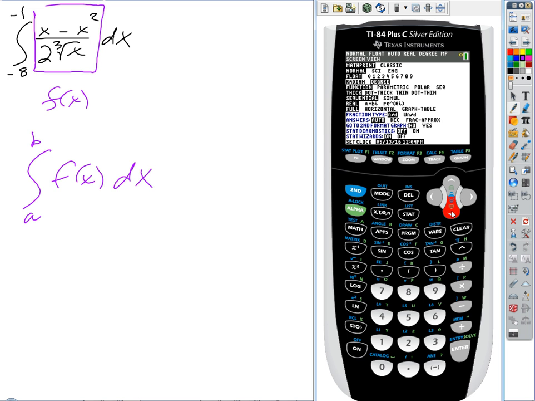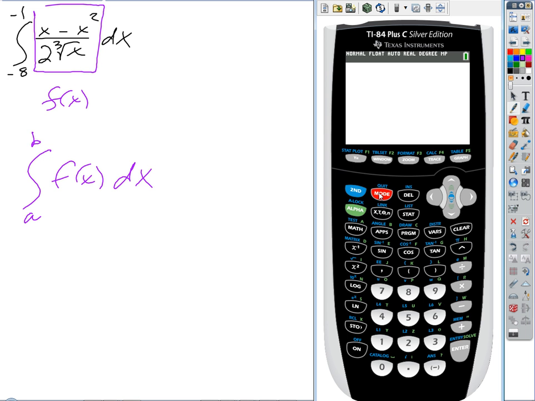I don't see anything on here that has any impact on this. But this is a different version. It's possible you need to update your operating system on your calculator if it doesn't do that. That could be it too. It's easy to do. I'm pretty sure that's it.